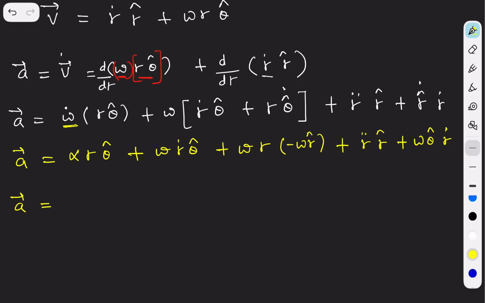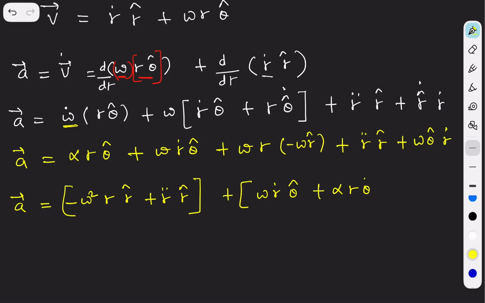If I do that, I'll get minus omega square r r cap plus r double dot r cap, this is one thing, plus omega r dot theta cap plus alpha r theta cap plus omega r dot theta cap. These are the things we have gotten here.